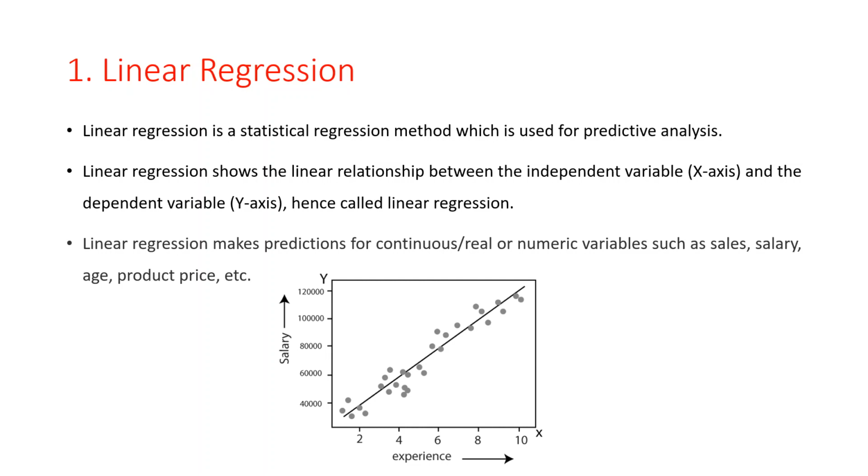Linear regression shows the linear relationship between the independent variable, that is the x-axis, and the dependent variable. In the previous video we already discussed how to plot the independent variable and dependent variable in graphs. All the independent variables are on the x-axis and all the dependent variables are shown on the y-axis.